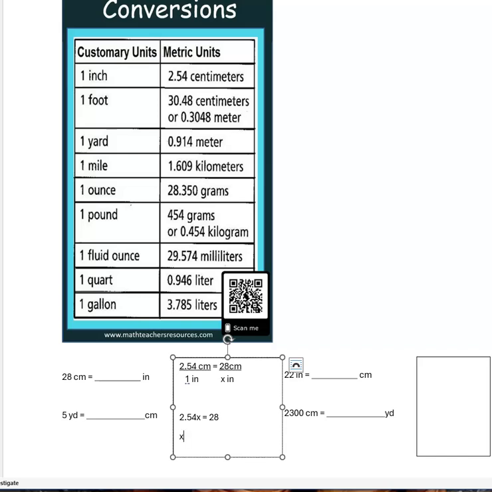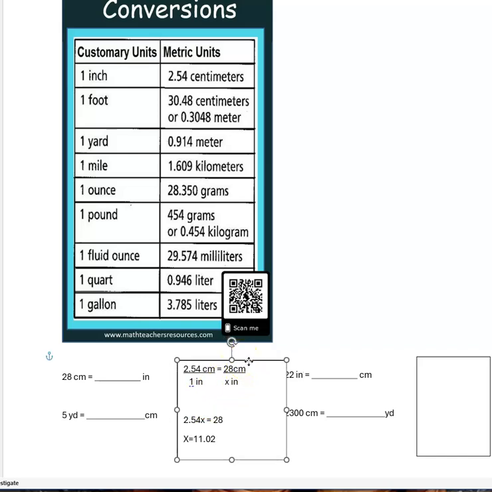Now I will divide 28 divided by 2.54. And I get 11 point 02. It goes on forever and ever. It might ask you to stop at 2 decimal points or something. So we're basically just putting it into a proportion.